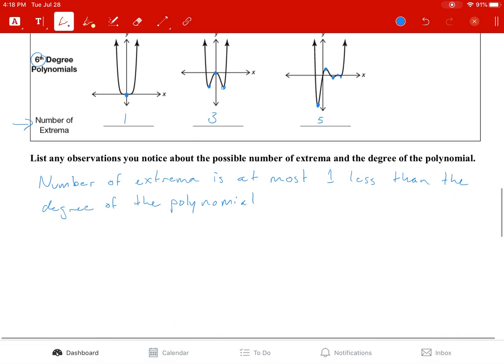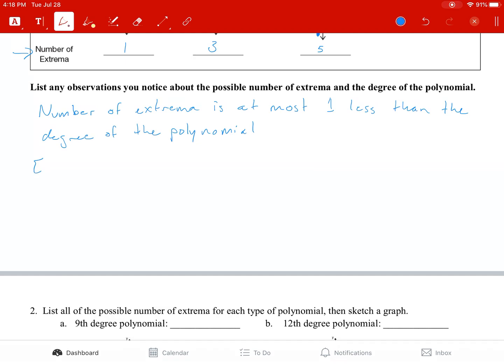So even degrees have odd extrema, where odd degrees have even extrema.